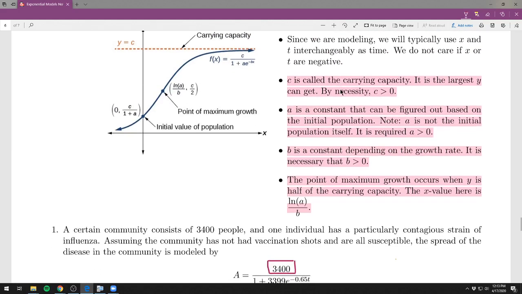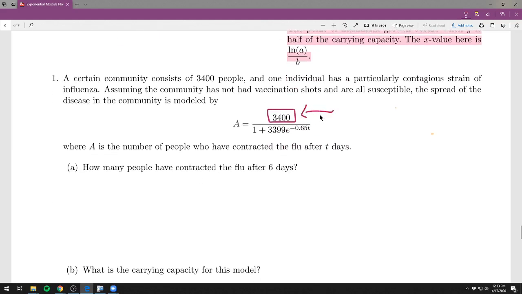Carrying capacity is C, is the top of the fraction. Now, right away, without doing any math at all, we just see that the carrying capacity is 3,400. And in fact, if you just peep down to part B here, what is the carrying capacity for this model? It's 3,400.